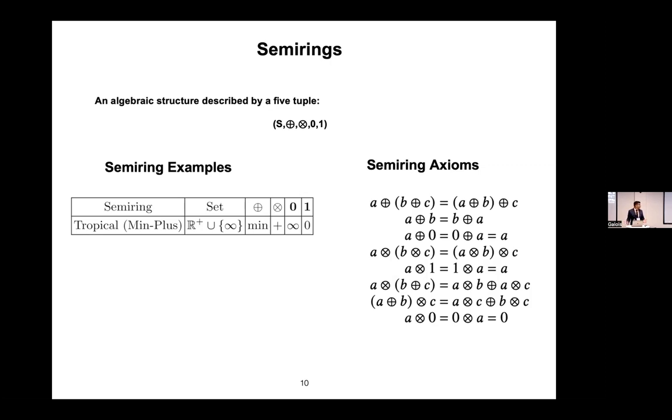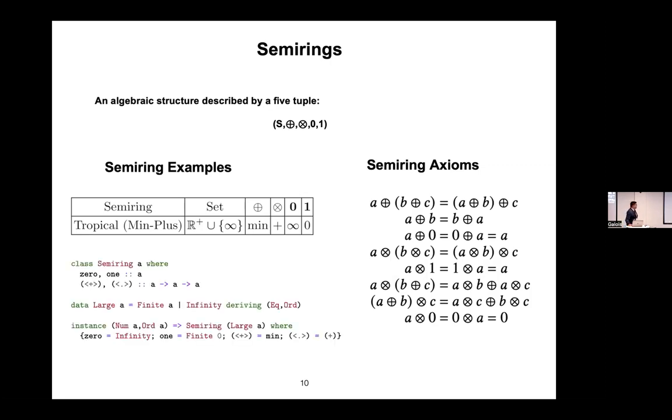One common example of a semiring is the tropical semiring. The underlying set is the set of real numbers with infinity. Semiring addition and multiplication are the min and the plus operations. We know the identity for min is infinity and the identity for plus is 0. Representing all this in Haskell is straightforward. We can define a class Semiring. These are the two identity elements, and these are the two binary operations, angle bracket plus and angle bracket star.